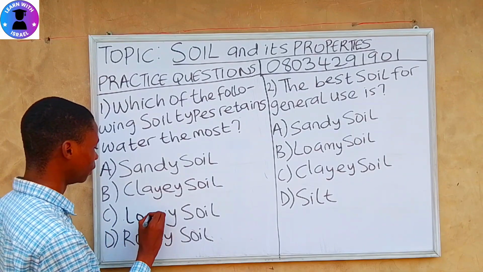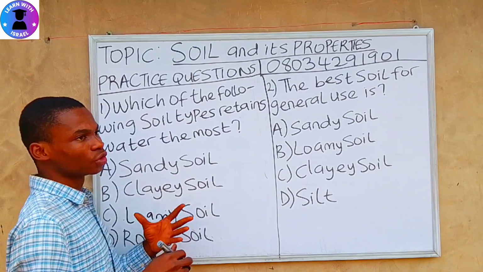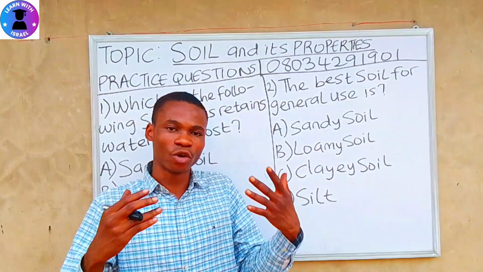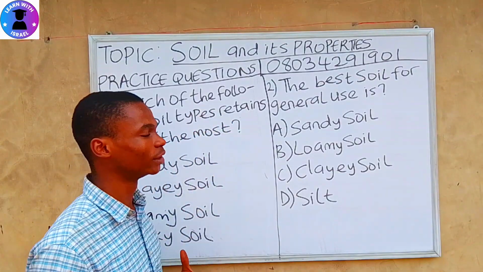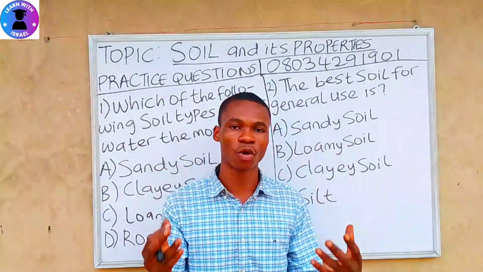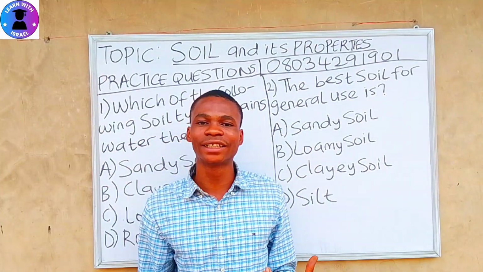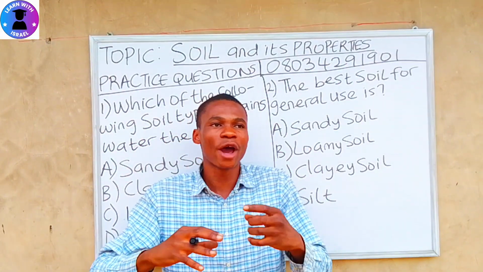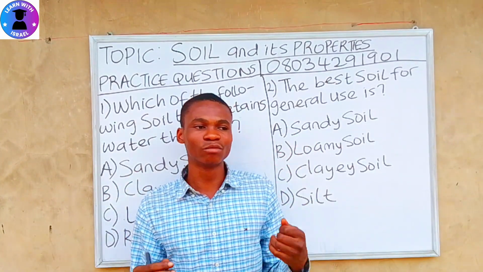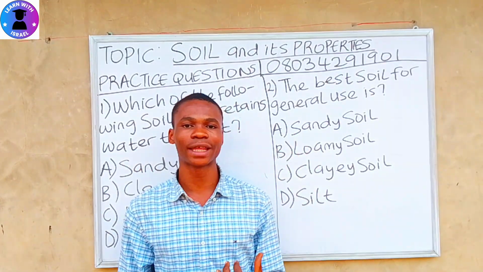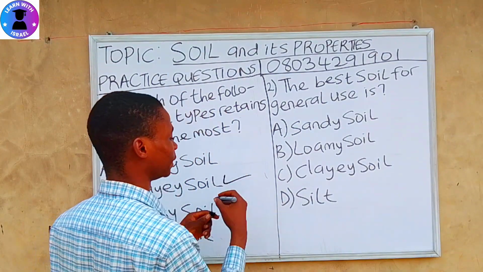According to the lesson I have done, it is the clayey soil that will retain water the most. Why? Because the smooth texture of clayey soil allows it to retain water the most. So clayey soil is the correct answer.